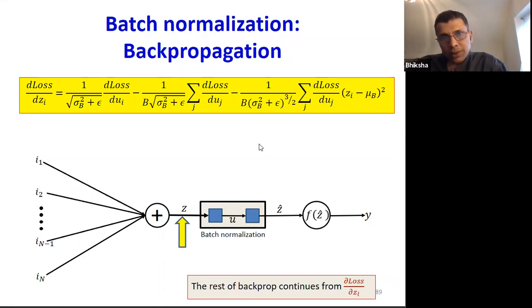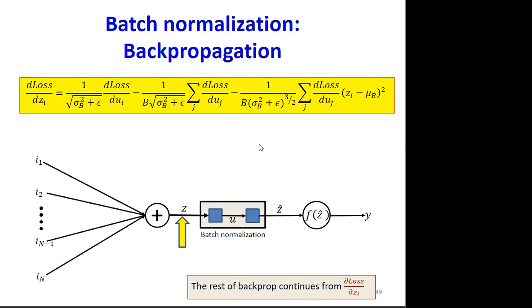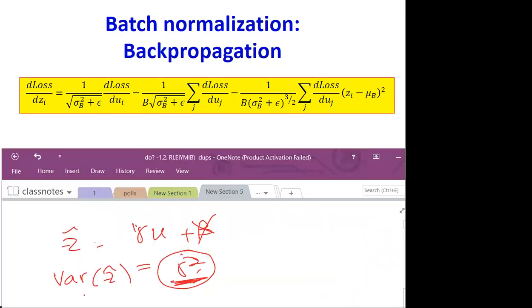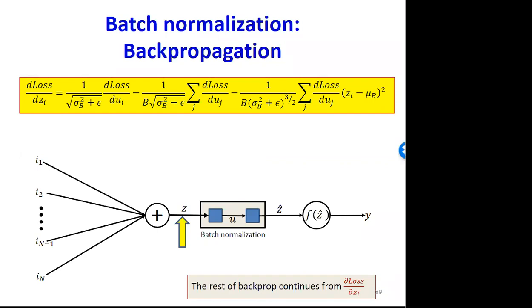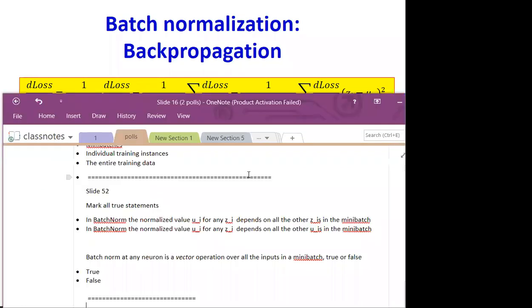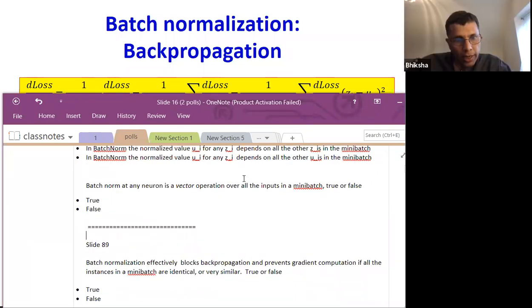Yes, Shams? So in the beginning, we said that because of the different distribution of the mini batches, we do batch normalization. So what if we normalize the inputs and shift them to a standard location? Then we don't have to worry about all of these calculations. By the way, this is very nice.